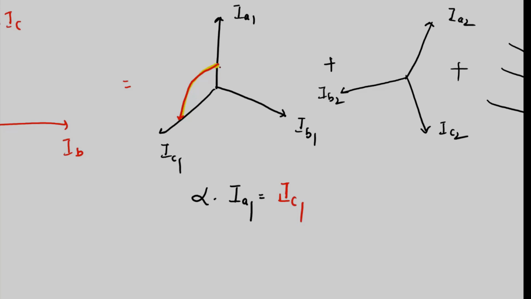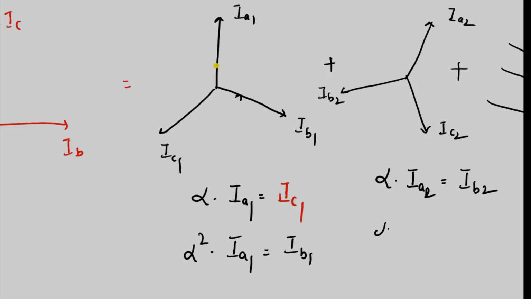Similarly, again you multiply this one, that is alpha square into IA1 will become how much? That means you are multiplying twice. So first rotation will make it IC1. Second rotation, that is one more multiplication with alpha, will make it IB1. Okay. Similarly, alpha into IA2 will become IB2.